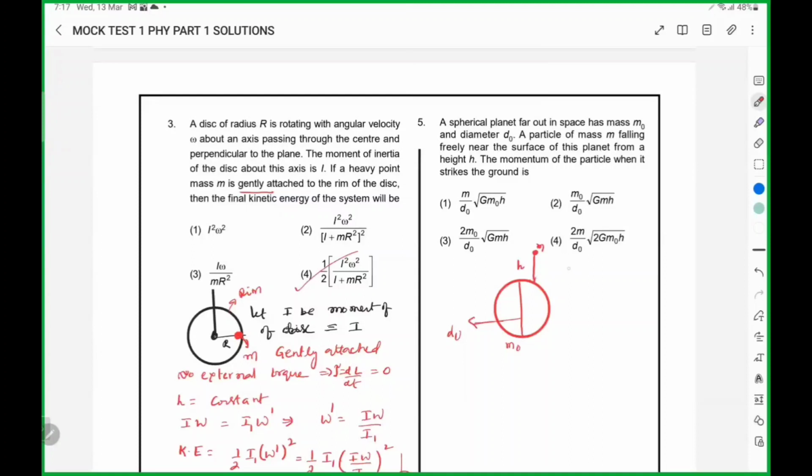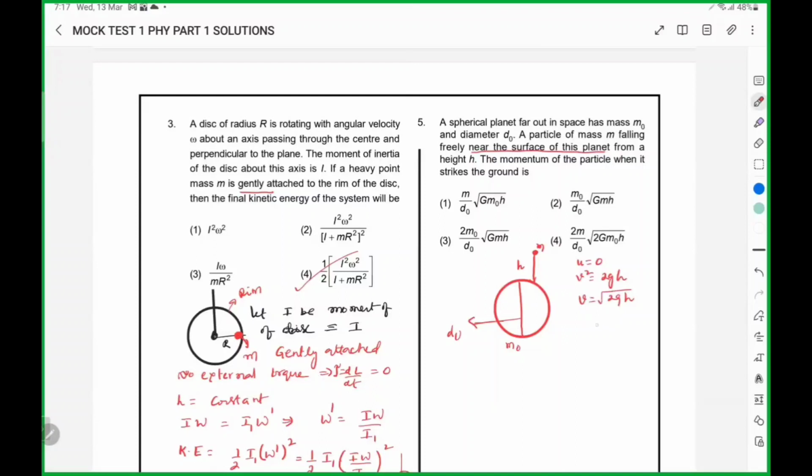So here, falling freely means u is 0, v square is 2gh. It is near the surface of the planet, so acceleration due to gravity won't change much. So v will be root of 2gh.